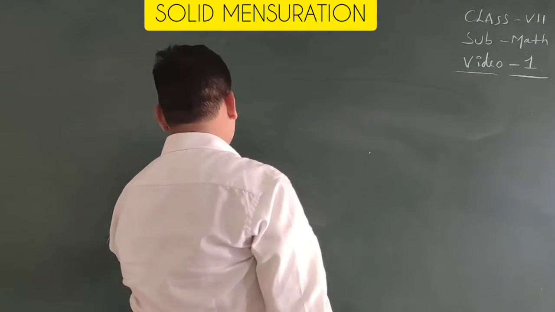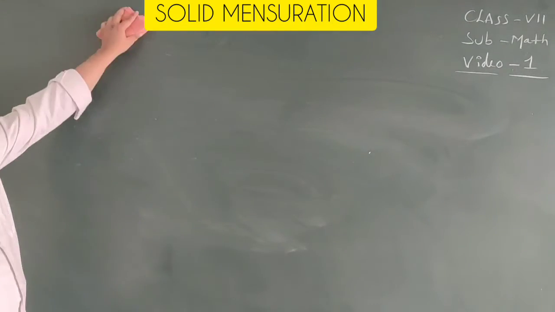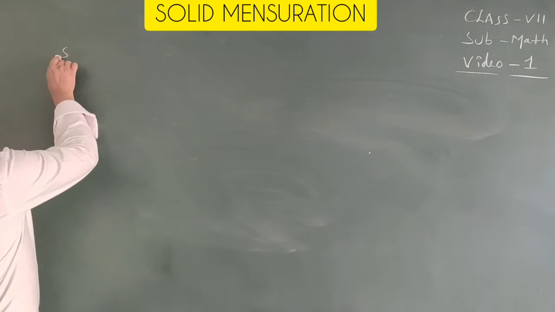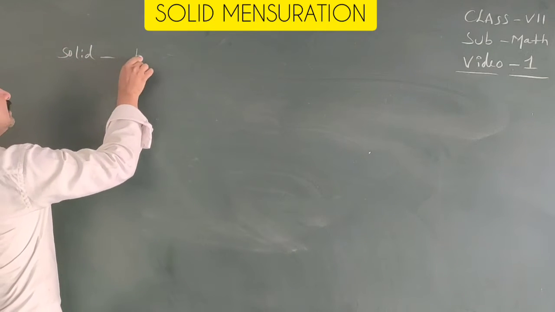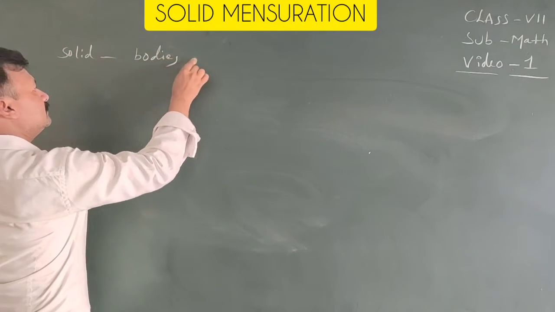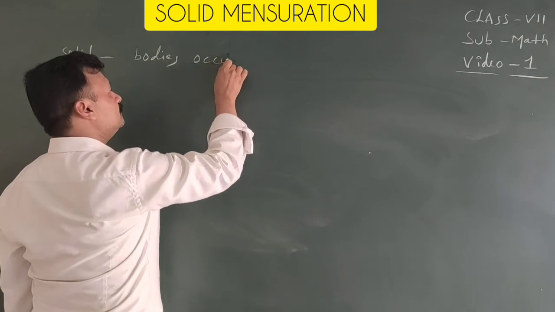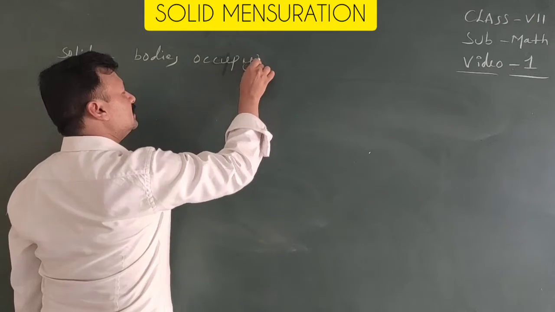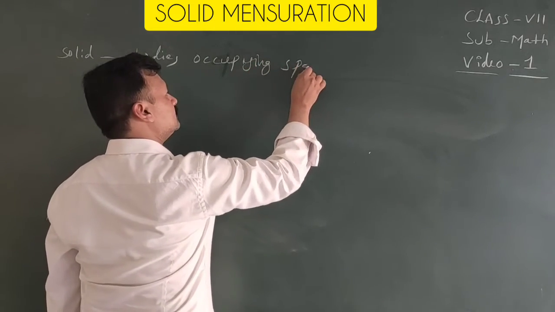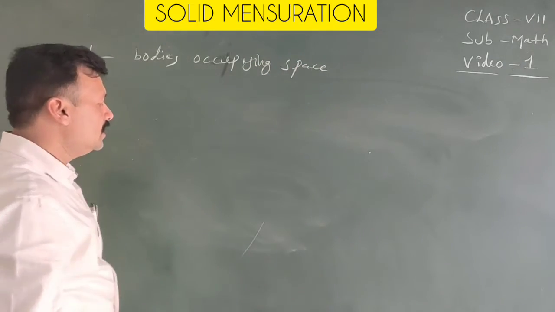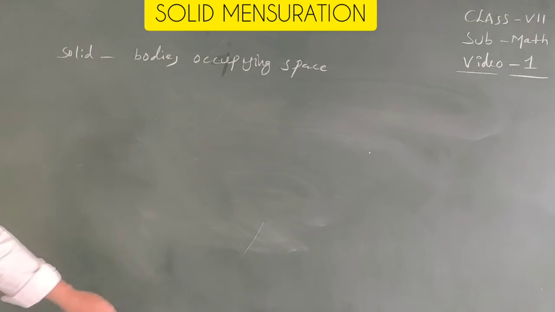Solids. What do solids mean? The bodies occupying space are called solids. Solid means bodies occupying space.